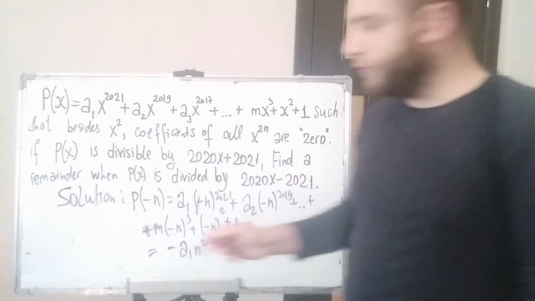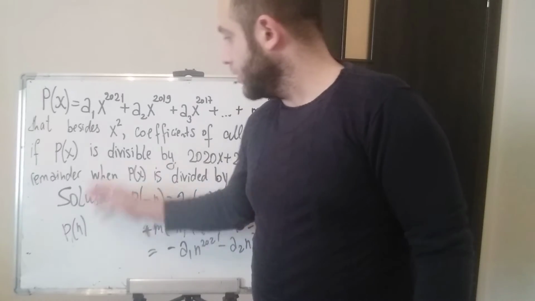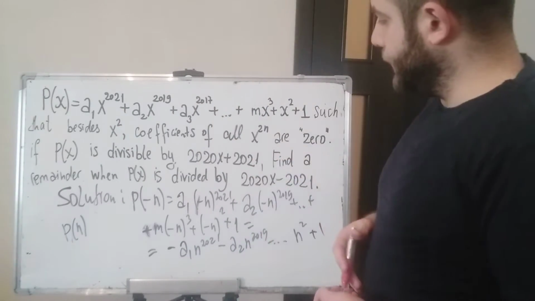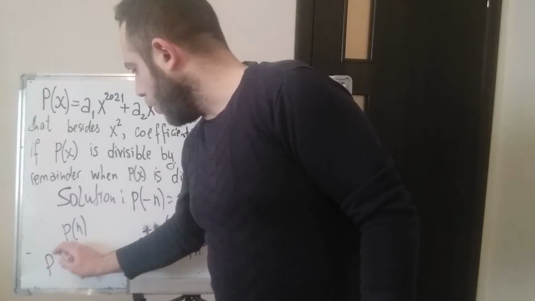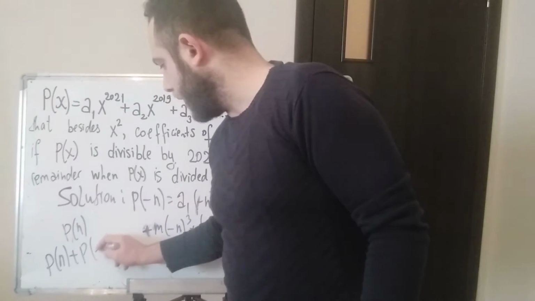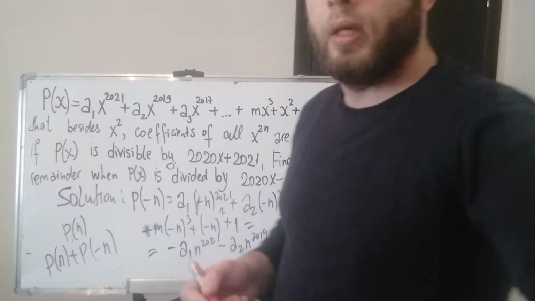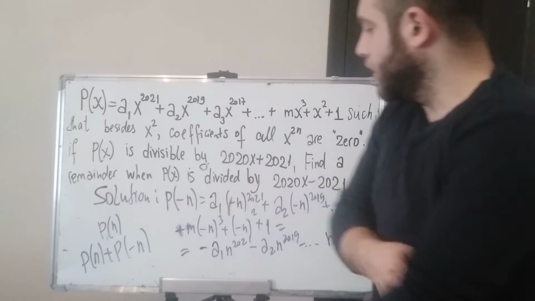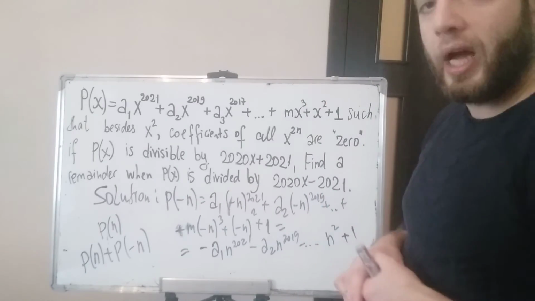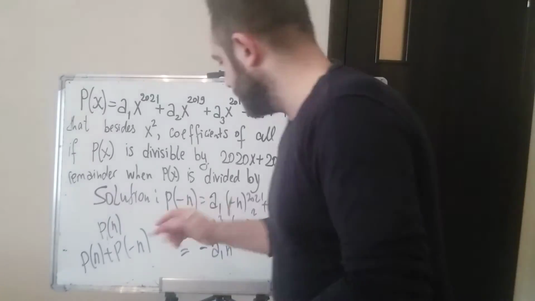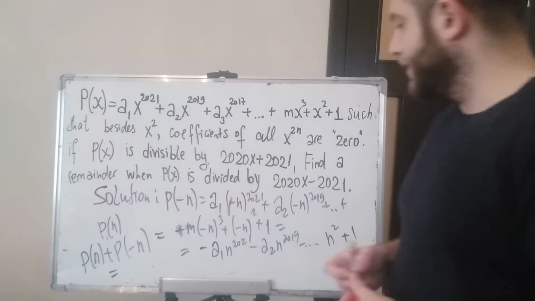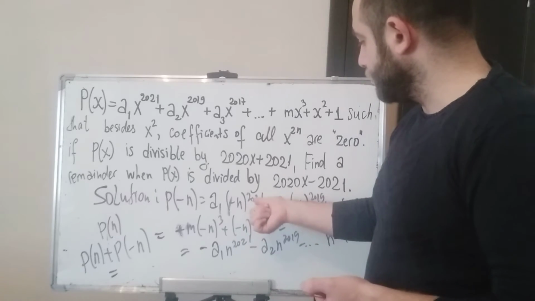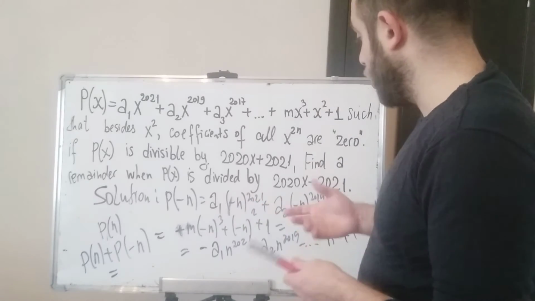But if we check P of n, we will get the same thing as it is. Now if you get P of n plus P of minus n, we will get a really nice result, because their sum will help us remove all the odd power terms.